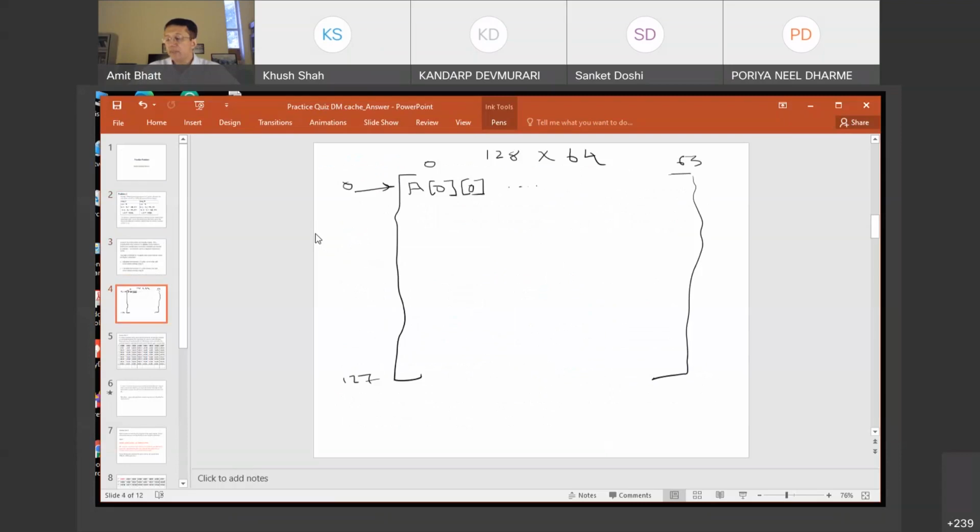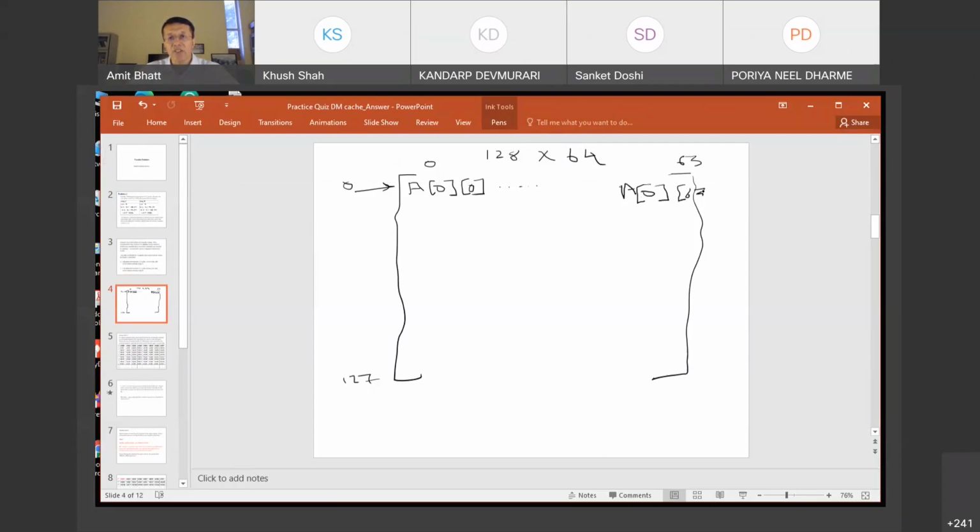So we say the last element here would be A[0][63].